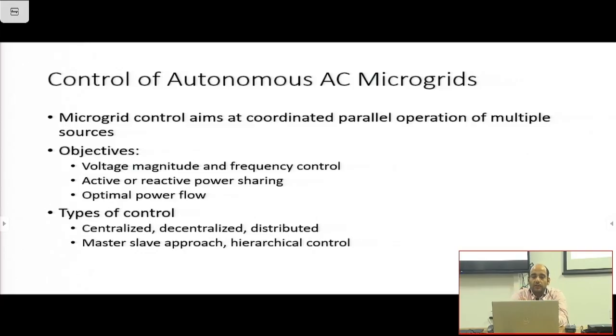Microgrid control basically means to have a coordinated control among multiple sources or multiple inverters connected in a microgrid. Okay. Now take for example, as we discussed in the previous case, let's say we have an inverter operated at 50 Hz. It will work at 50 Hz, this is not a problem.